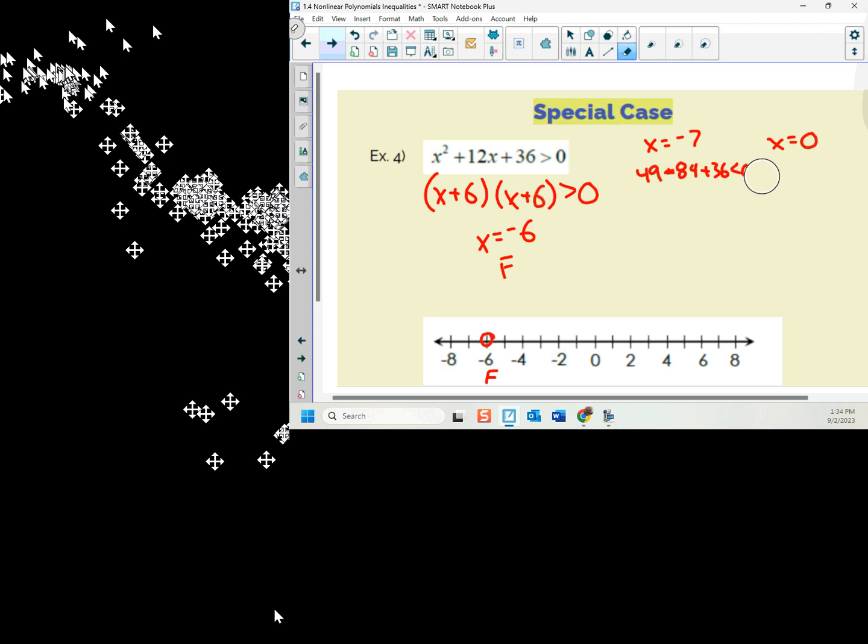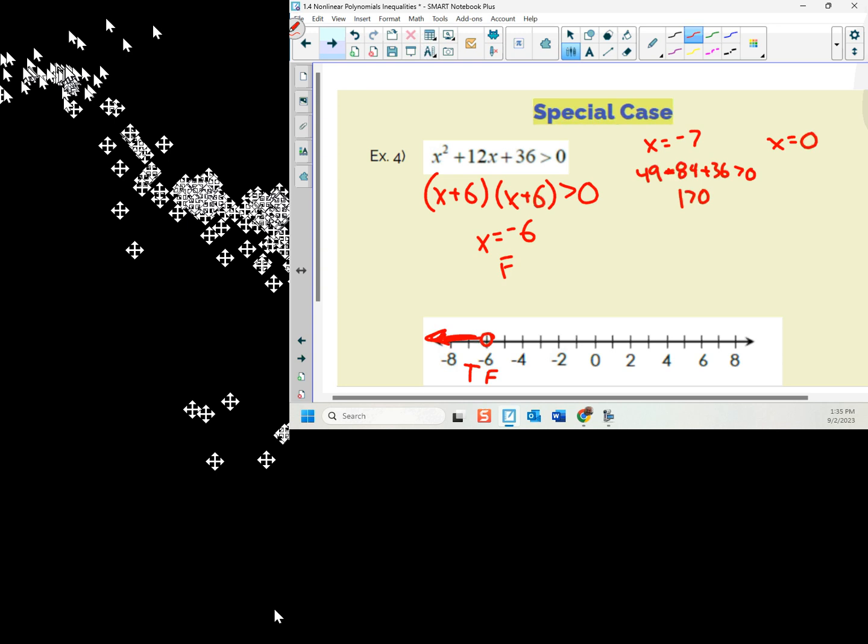Slowing up here. Okay, greater than 0, so I got that right. 85 minus 84 is 1. 1 is greater than 0. That's true. So if this is true over here, we're going to say that's true.